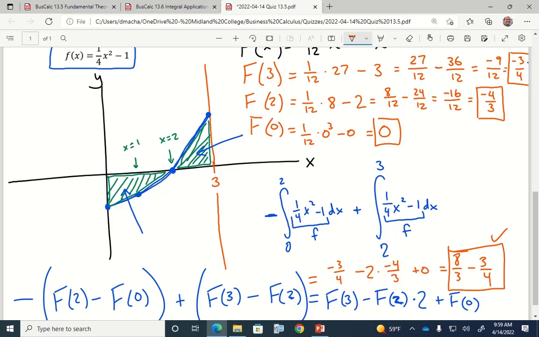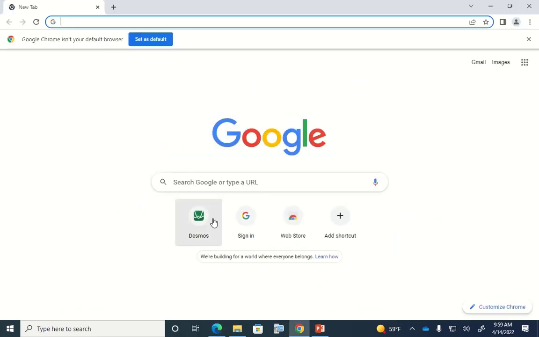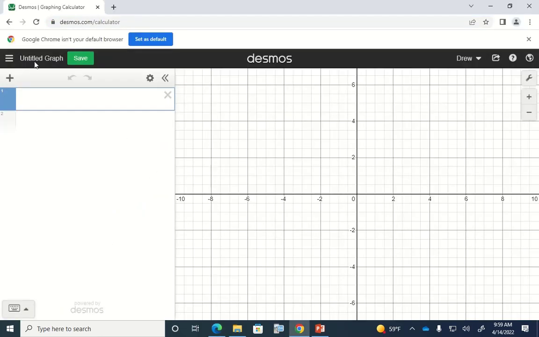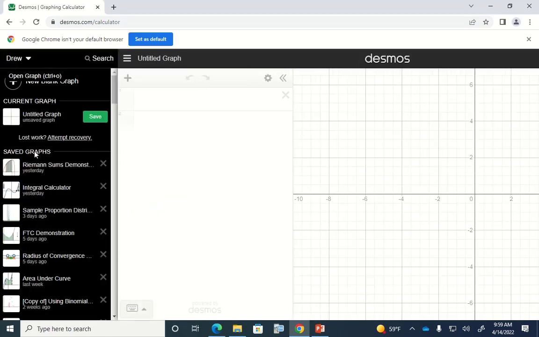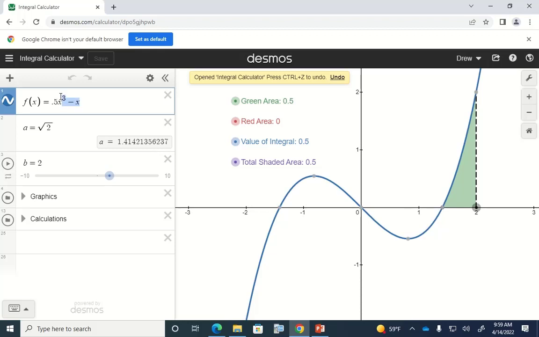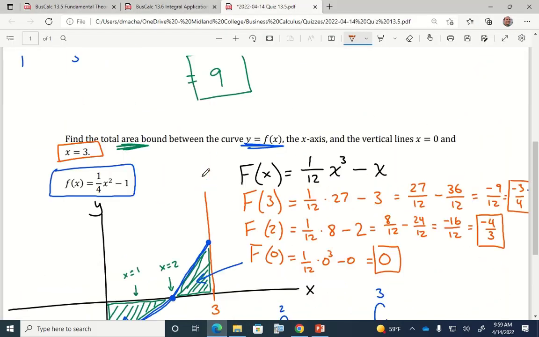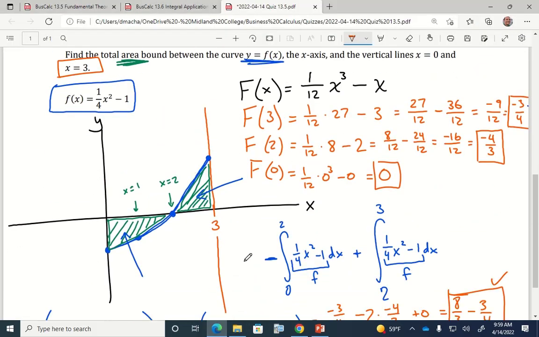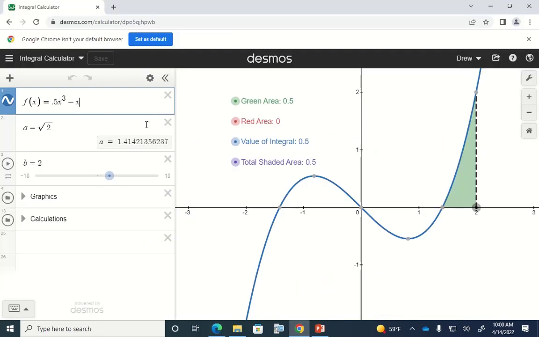And we can double check our work because we can pull up Desmos, and I'll put in my function. It was 1/4 x squared minus 1.